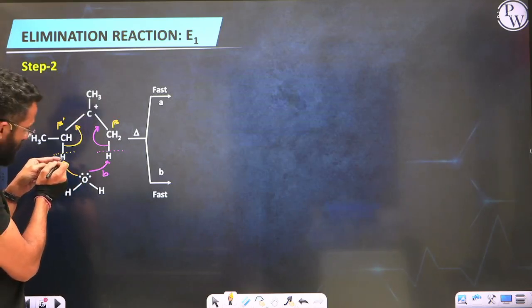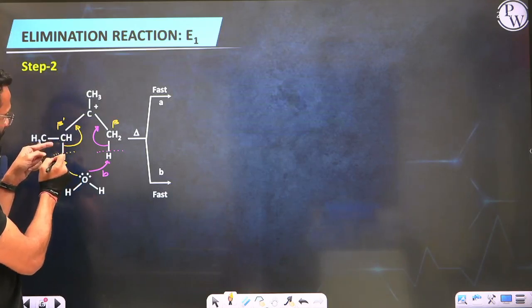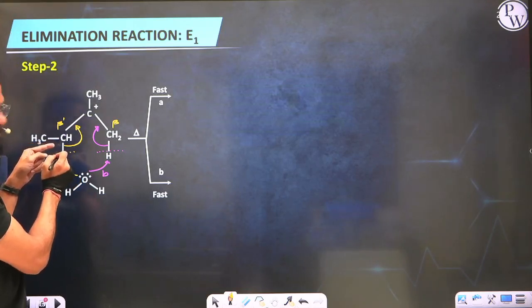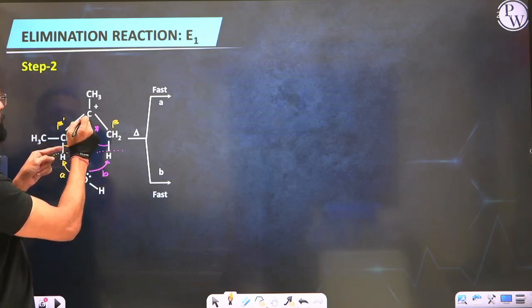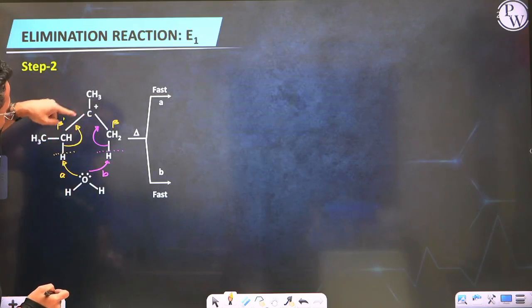So we'll have to show the partial bonding here. Because the carbon hydrogen bond is in a process of breaking, again there will be partial bonding here. And since this sigma bond is shifting here to result in the formation of a pi bond, there will be partial pi bond character here as well.